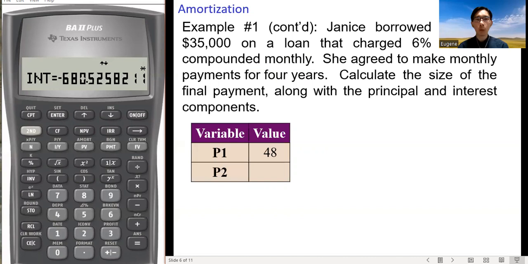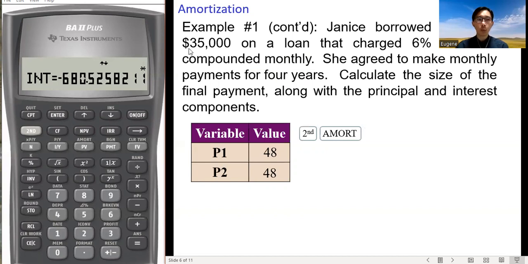We set P1 equals 48 and P2 equals 48 as well. Usually the size of the final payment is different from the regular payment due to rounding. We have rounded the payment amount to 2 decimals, so we need to do some adjustment for the last payment.